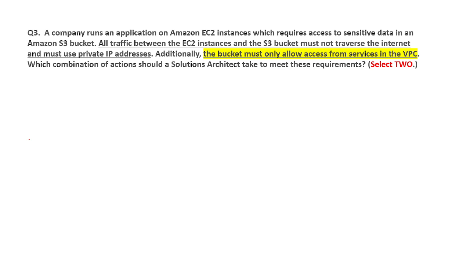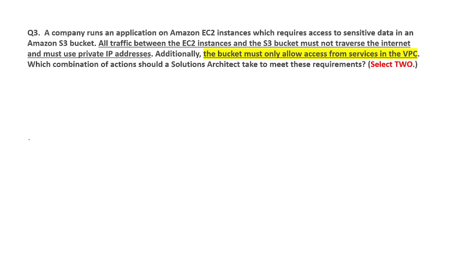Question number 3. A company runs an application on an EC2 instance which requires access to sensitive data in an Amazon S3 bucket. All traffic between the EC2 instance and the S3 bucket must not traverse the internet and must use private IP addresses.